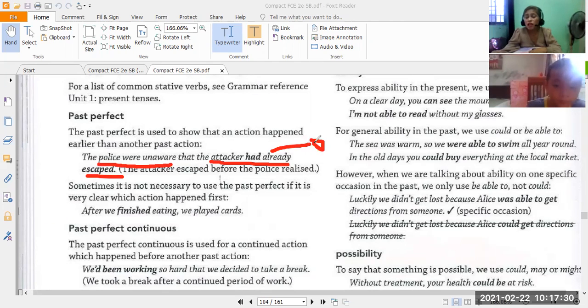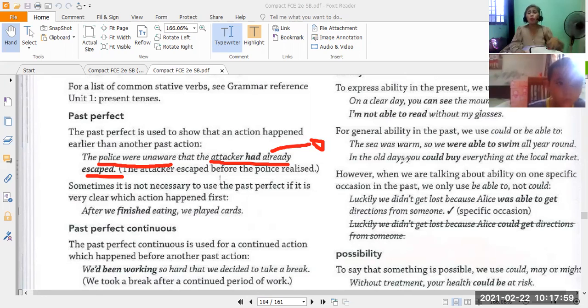Attacker had already escaped. It happened earlier. And later, after that one, the police were unaware. So it means when the attacker had escaped already, the police were unaware of that.